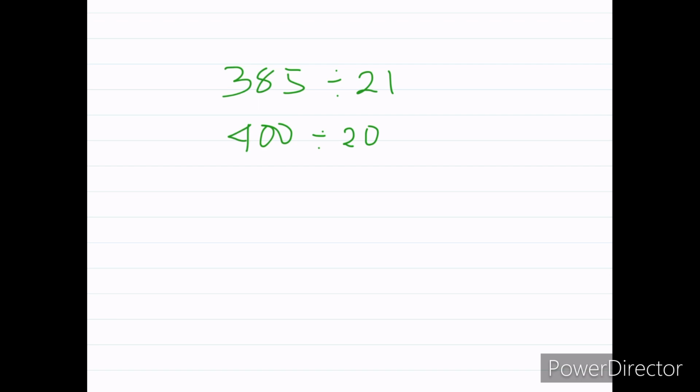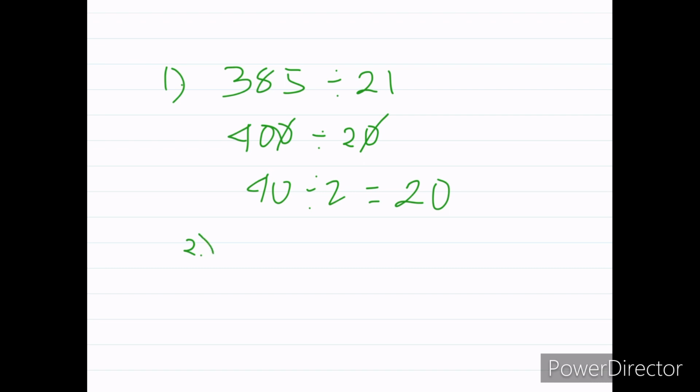Ayan, estimated. So 400 divided by 20, cross out the 0. So 40 divided by 2, the answer is 20. So that is now the quotient of 400 divided by 20.